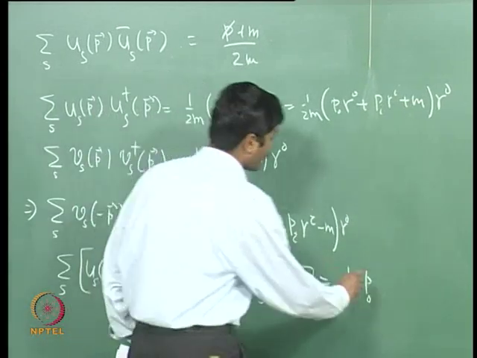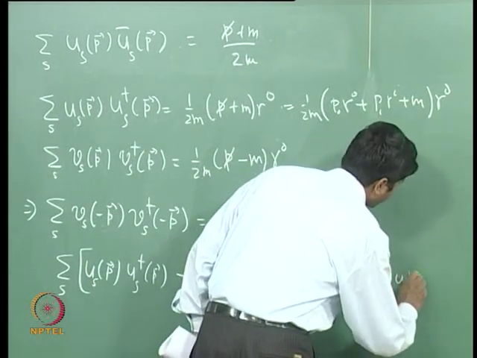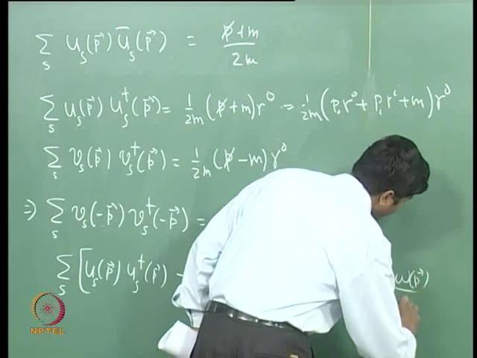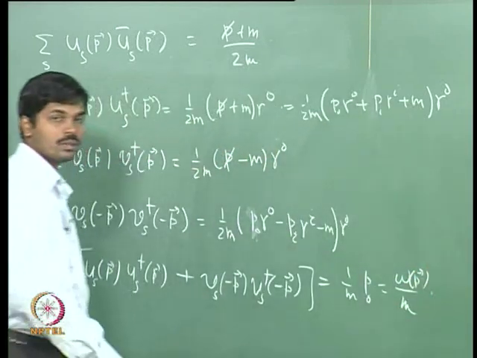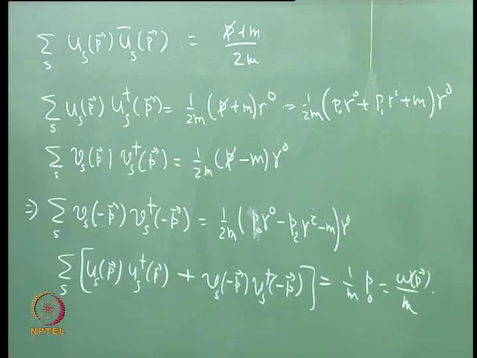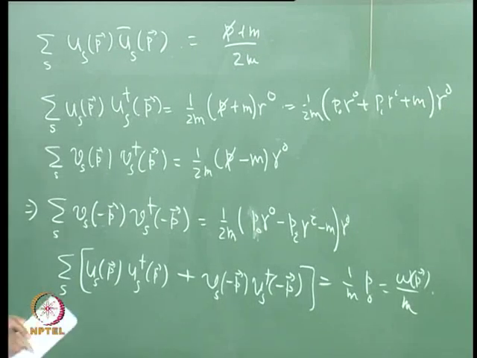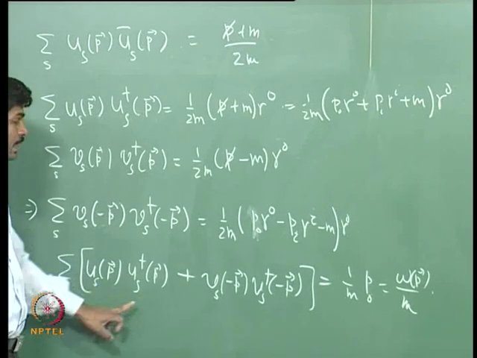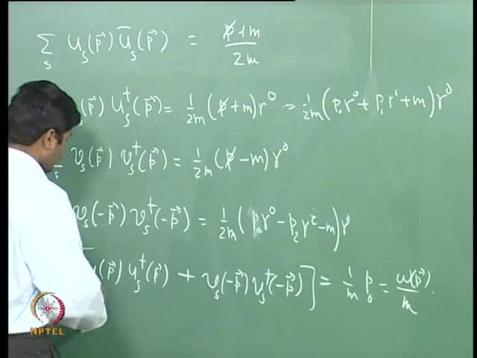So, it is simply given by p0, which is nothing but omega of p divided by m.